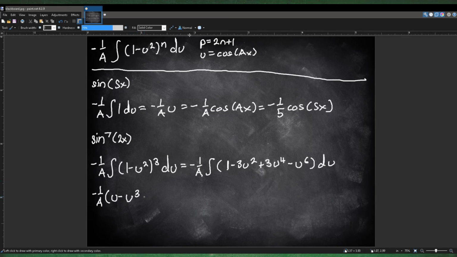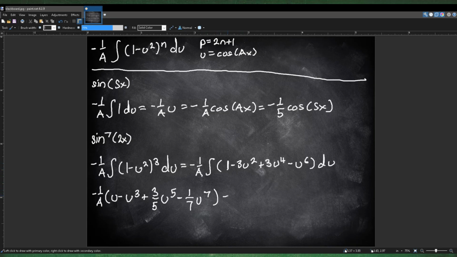And then plus, this is going to be a 5, so this is 3 over 5 u to the power of 5. And then this is going to be a 7, so this is 1 over 7 u to the power of 7. Right? So 1, 3u squared, and then plus 3u fourth, and then minus u 6. And then you can add a c if you want, it doesn't really matter.